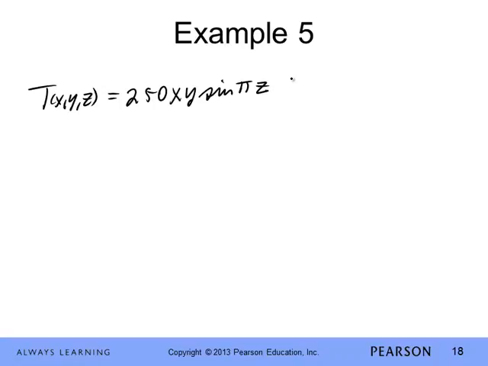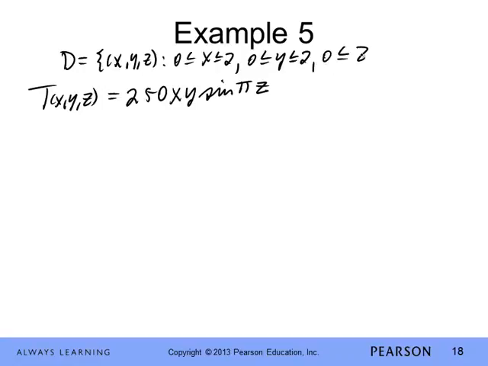To find the average temperature over this region D, which is basically a rectangular block, you're going to integrate over that block.